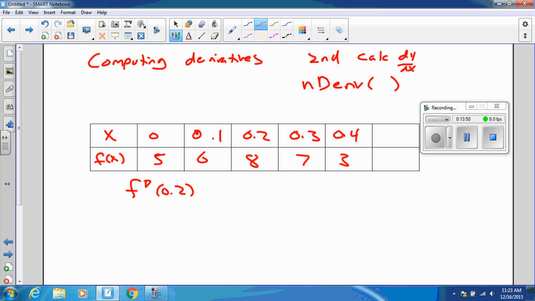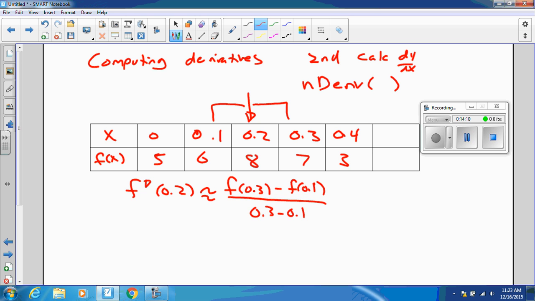So I'm going to have to estimate the limit by computing the difference quotient for as small an interval as possible. So I'm going to write f prime of 0.2 as approximately f of 0.3 minus f of 0.1 over 0.3 minus 0.1, which is equal to 7 minus 6 over 0.2, which is equal to 5.